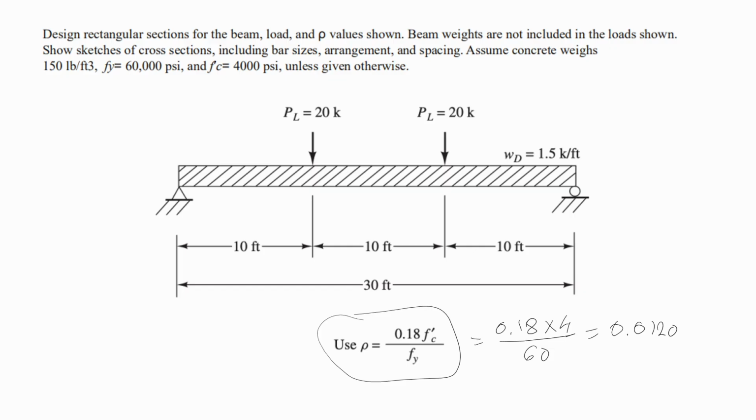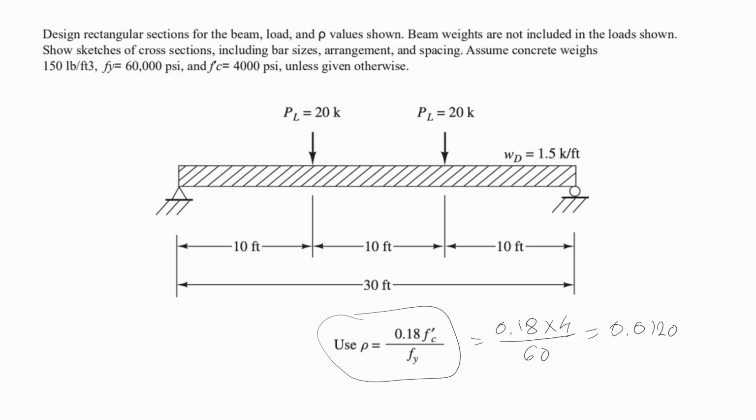What we have here is a simply supported beam subjected to distributed load, that is the dead load of 1.5 kips per feet, and you have 2 live load forces of 20 kips. The distance is 10 feet from the supports. In this problem, it states that reinforcement ratio is equal 0.18 times compressive strength of concrete over yielding stress.